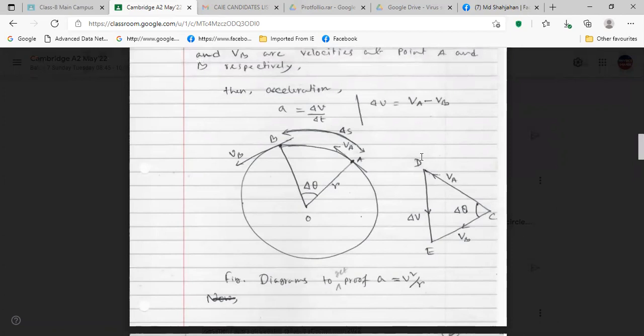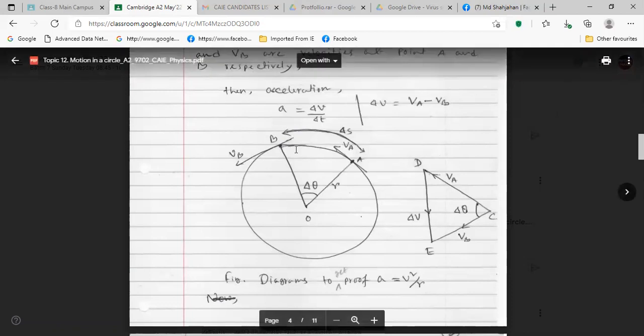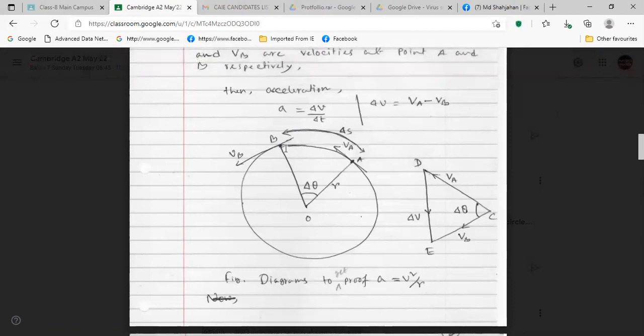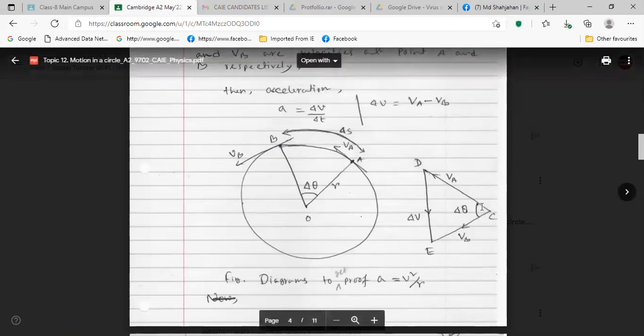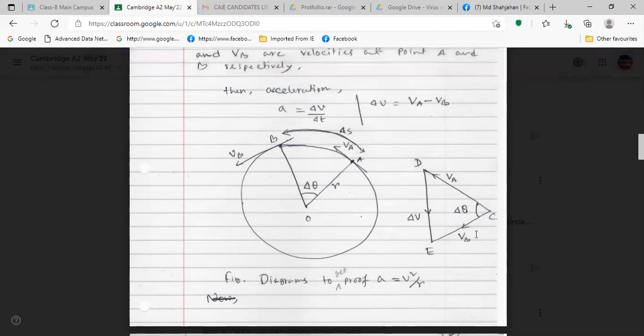We have another vector working in this direction, which we show here as VB.